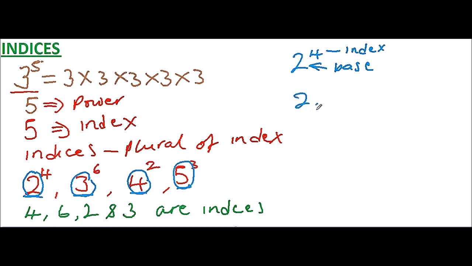So 2, 3, 4, and 5 can be referred to, in plural, as bases. So that is the meaning of the term indices. It is the plural of index, and index is the same as power.